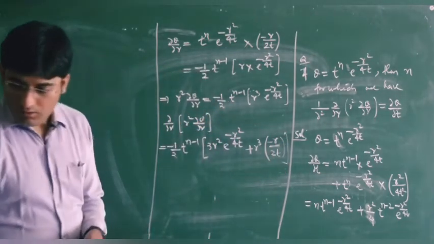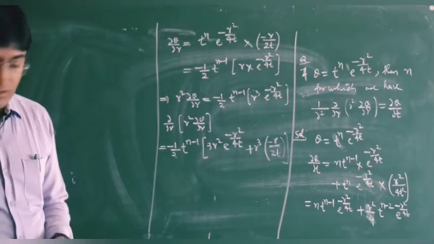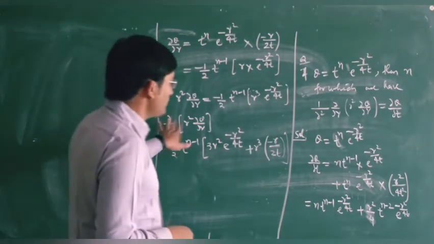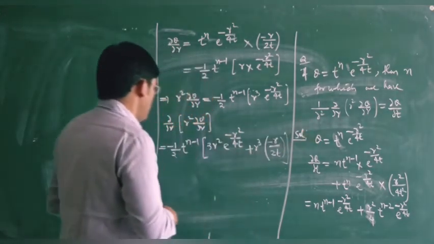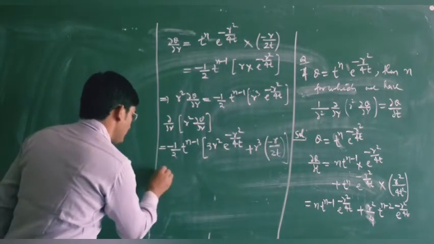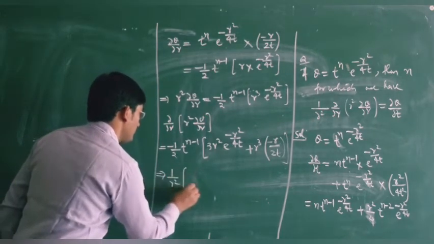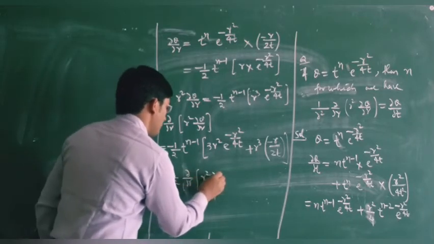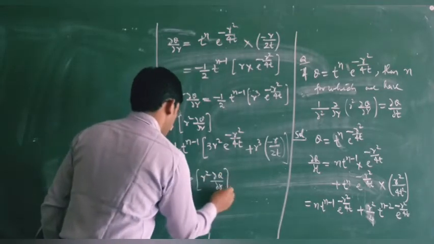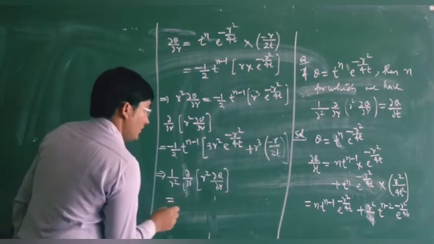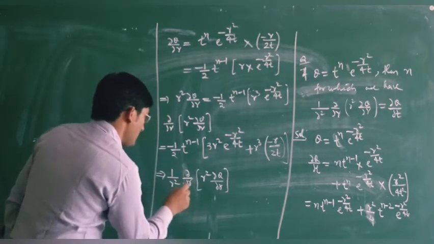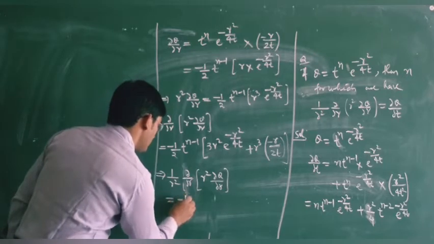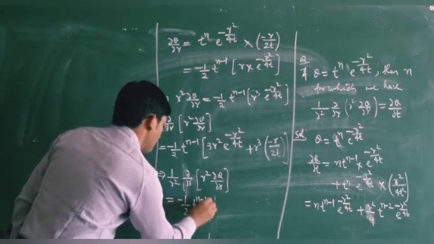Okay. Now let us divide the whole equation by r². Now if you divide this equation by r², then we have 1 upon r² ∂/∂r of r² ∂θ/∂r equal to, now this is equal to -1 by 2 t^(n-1).